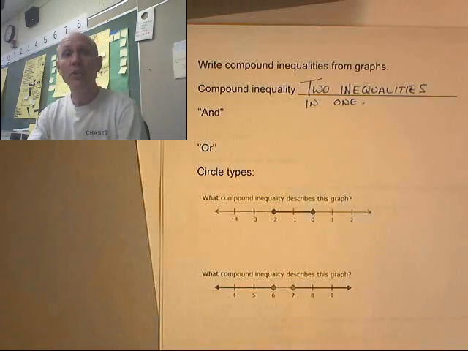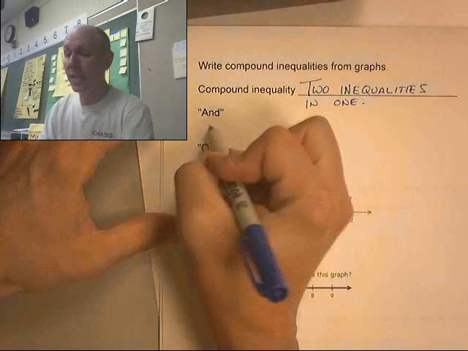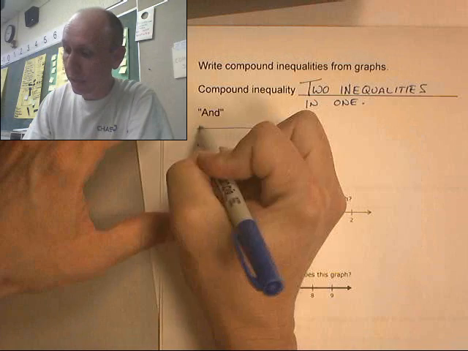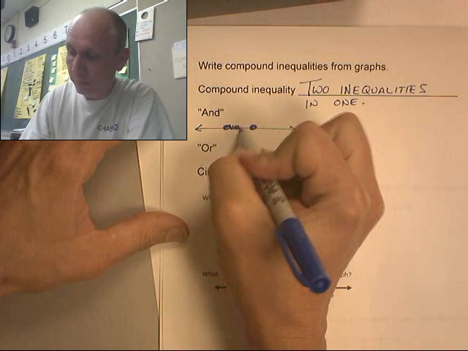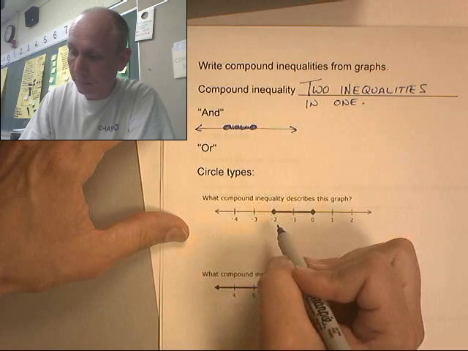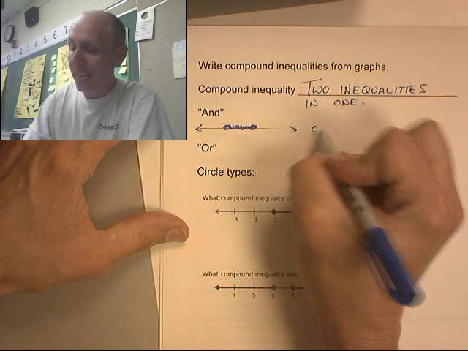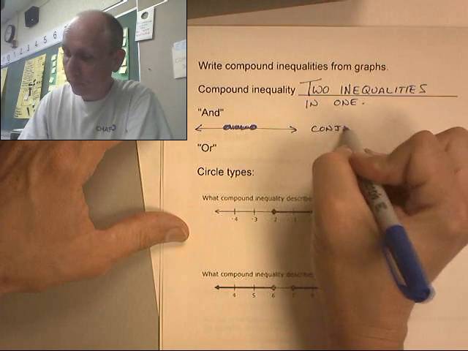Ands. So if I join two inequalities together with an and, I'm going to get something that looks like this. And it's called a conjunction.